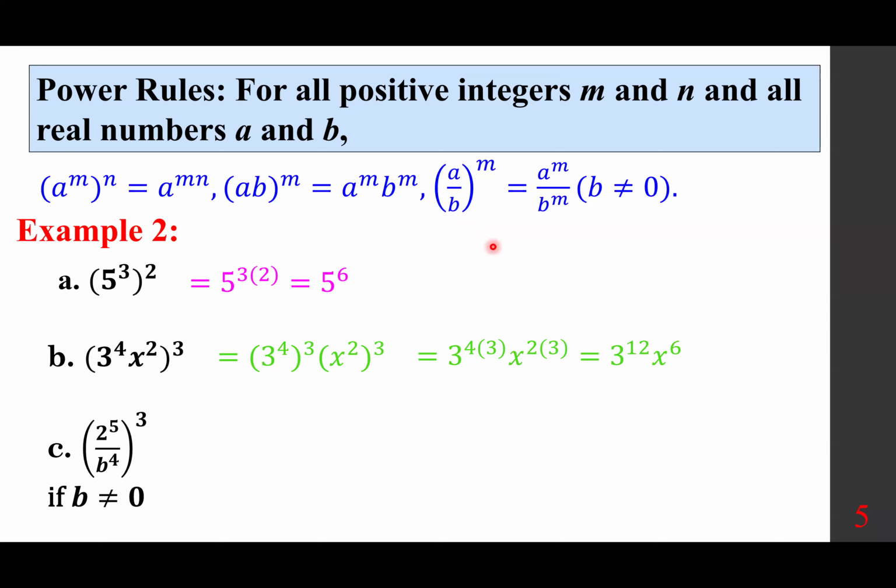For example, this one, we're going to raise 2 to the power of 5 to the power of 3 over b to the power of 4 to the power of 3. Now the power rule, 2 to the power of 5 times 3, 15, over b to the power of 4 times 3, 12, and of course, b cannot be equal to 0.